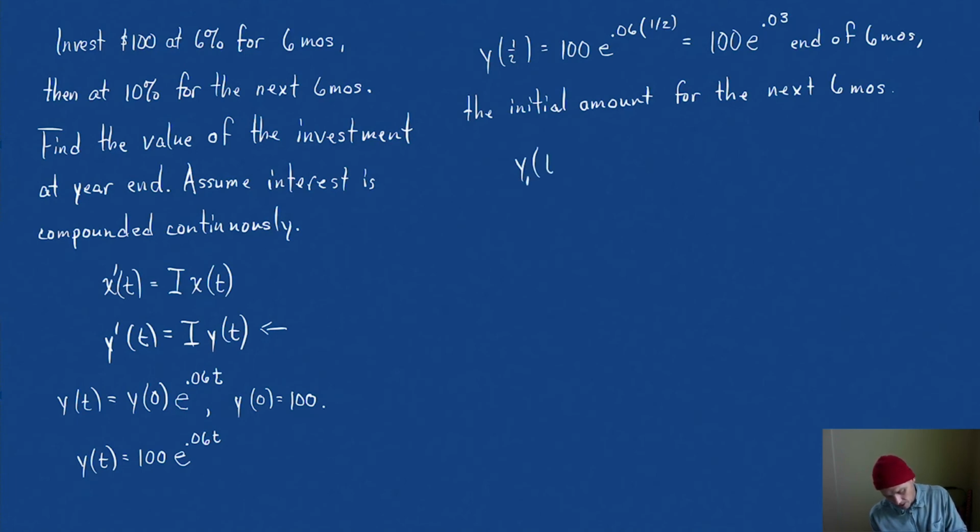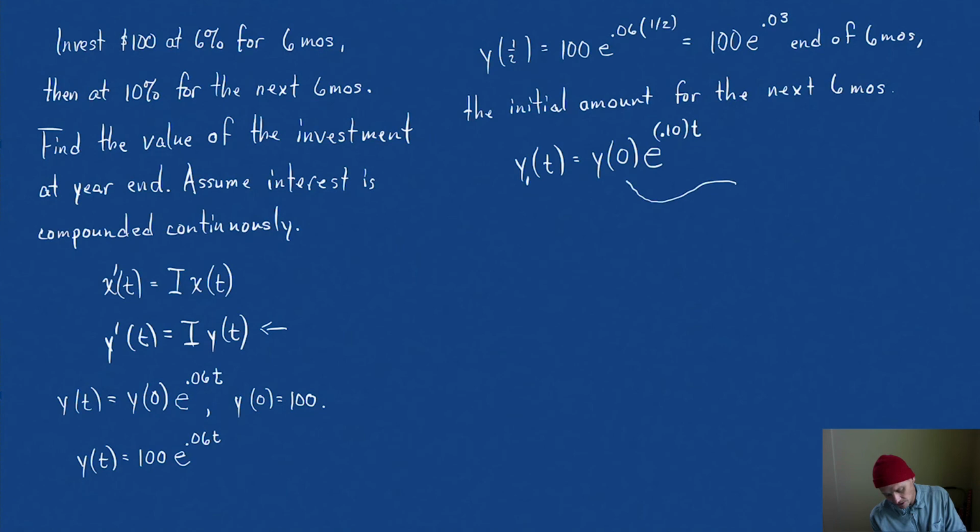So y1 of t is going to have its initial condition. We know the general solution, initial condition times e to the interest rate 0.10 times t. But wait a minute, the initial condition isn't y of 0. The initial condition is what we started with.